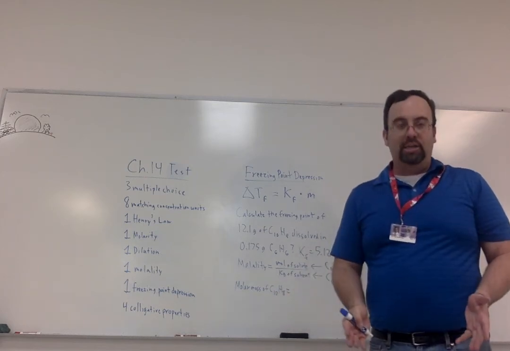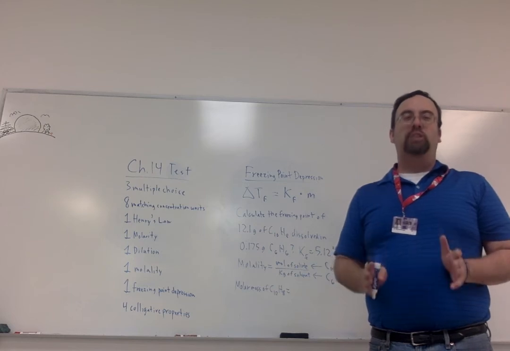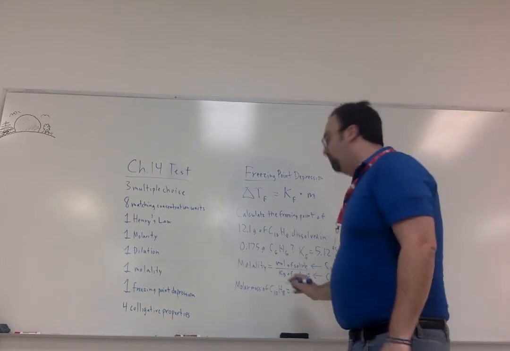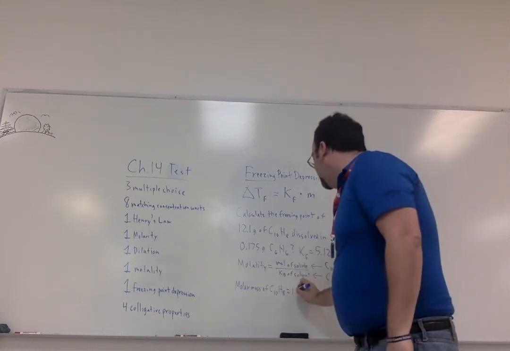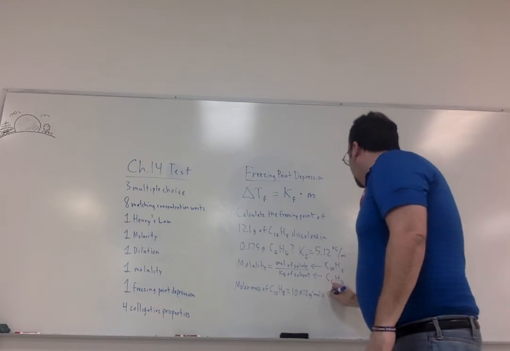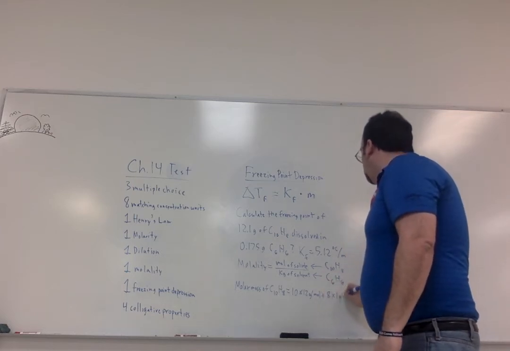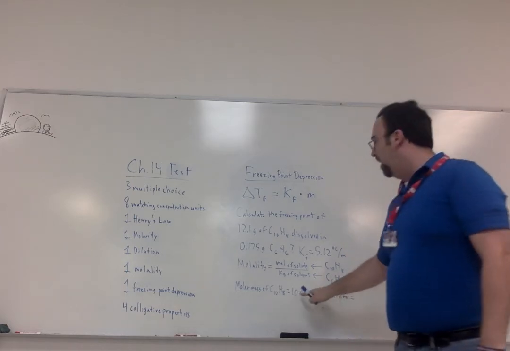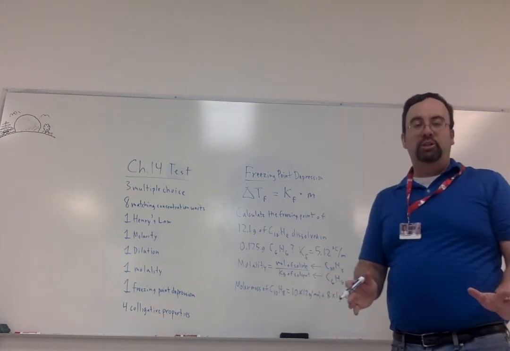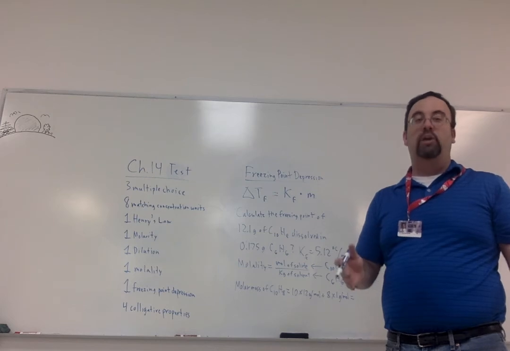We look at our periodic table. We know that carbon is approximately 12 grams per mole. Hydrogen is only 1 gram per mole. To find the molar mass, we take 10 times 12 grams per mole plus 8 times 1 gram per mole. 10 times 12 is 120. 8 times 1 is 8. 120 plus 8 is 128 grams per mole.